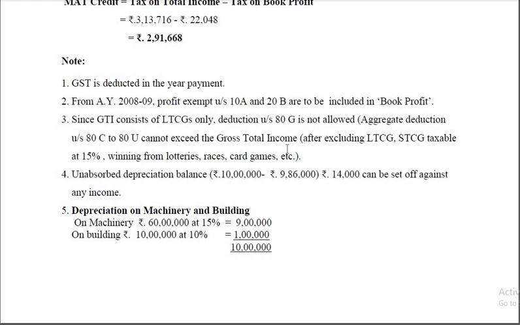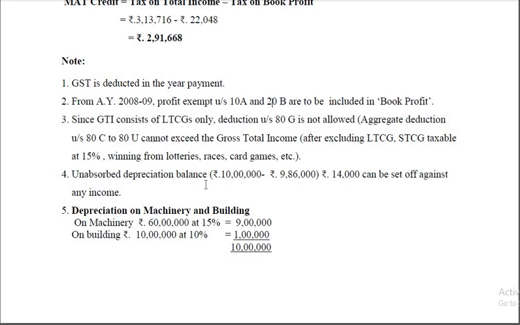So it is given that aggregate deduction under section 80C to 80U cannot exceed the gross total income, but after excluding long-term capital gain, short-term capital gain taxable at 15%, and winnings from lotteries, races, card games, etc. Unabsorbed depreciation balance, that is 10 lakh minus 9,86,000, is set off against business income.